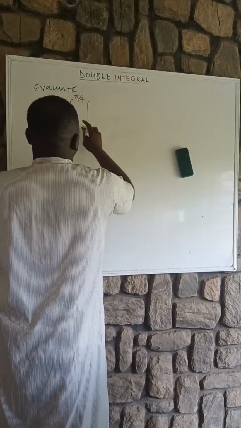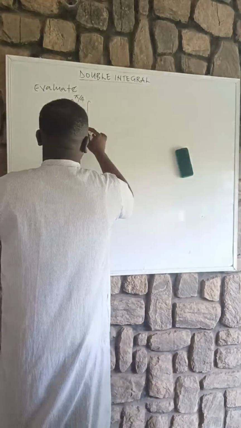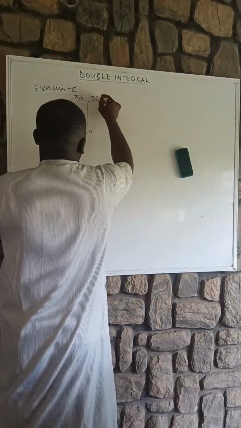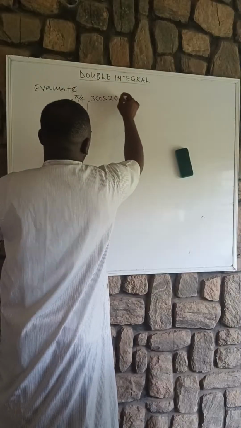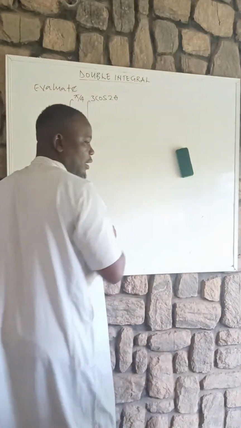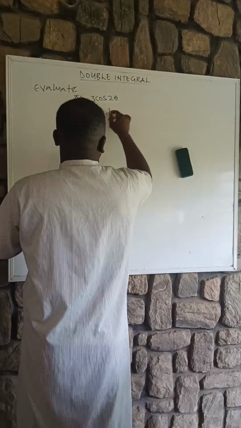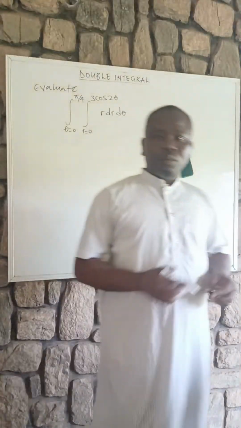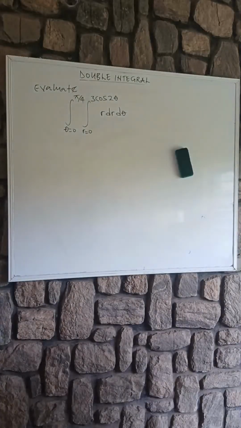Then another integral, r equals 0 to 3 cos 2 theta, r dr d theta. So far so good. It is not difficult, as simple as ABC.